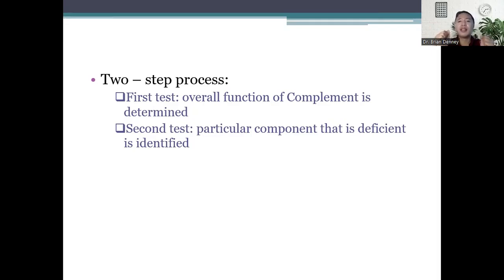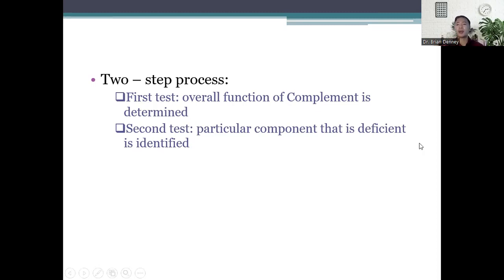We only have classical and alternative pathway. Once we know already which complement pathway is deficient, now we can determine which of those proteins under that pathway is deficient or is lacking or is not present. So I hope you understand that. So let's discuss first the first step.